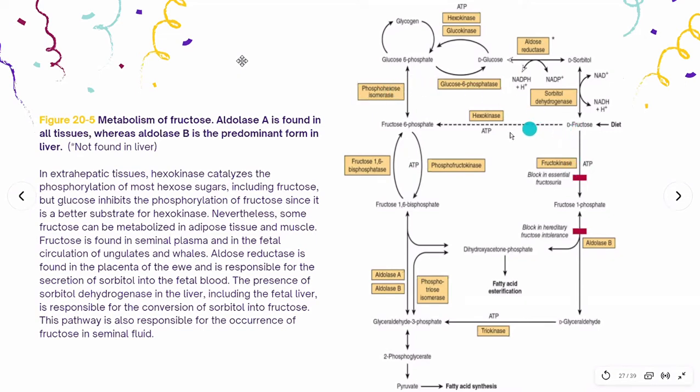That's the dotted line only. Fructose acted on by hexokinase becomes fructose 6-phosphate and goes through your glycolytic pathway. But here, it goes this way, and then that way. You see?